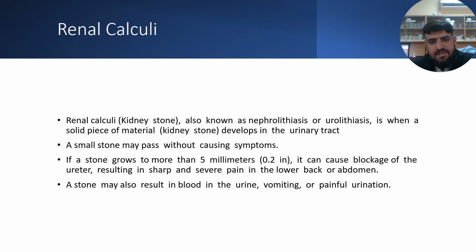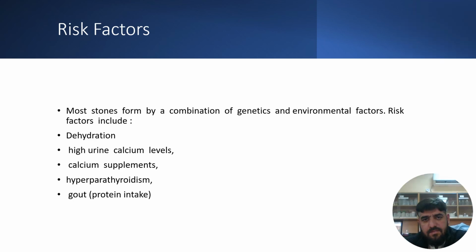A stone may also result in blood in urine, that is hematuria, vomiting, and painful urination. Kidney stone may form by a combination of genetic and environmental factors, but these are some of the risk factors which include dehydration, high urine calcium levels, calcium supplements, hyperthyroidism, and gout.